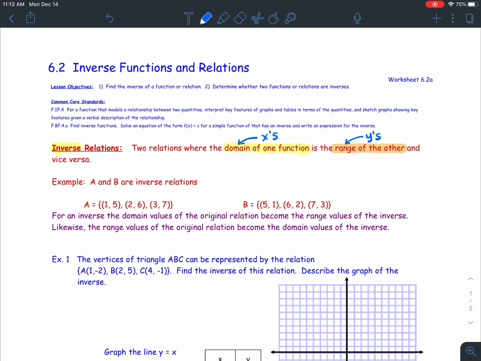So let me just give you an example here. Let's say that we let these 3 points here be relation A, and then over here, these 3 points are relation B, and these are inverses of each other.